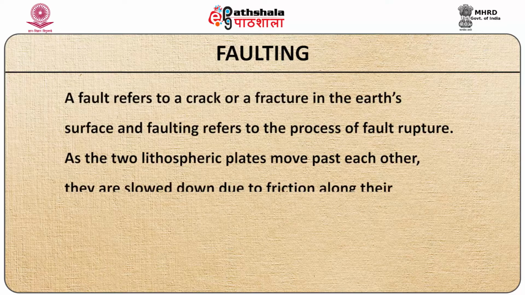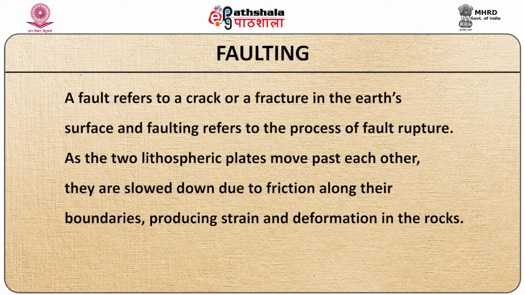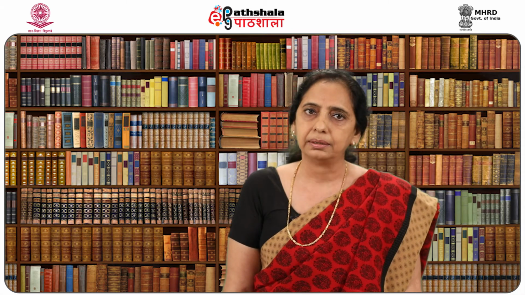A fault refers to a crack or a fracture in the earth's surface, and faulting refers to the process of fault rupture. As the two lithospheric plates move past each other, they are slowed down due to friction along their boundaries, producing strain and deformation in the rocks. Increase in stress in these rocks over their strength leads to rupture, forming a fault or a crack and producing an earthquake.